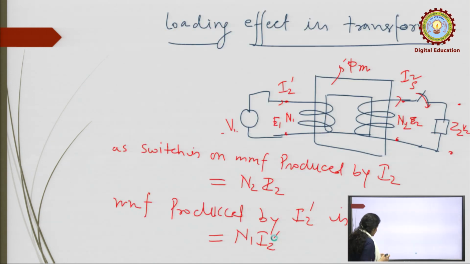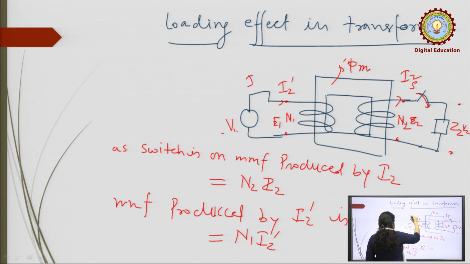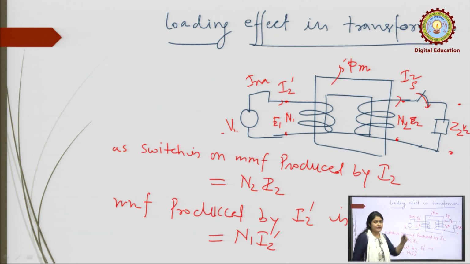So, at no load condition, it also draws the Im current, that is the magnetizing current, which is very small and responsible for producing the flux phi m.